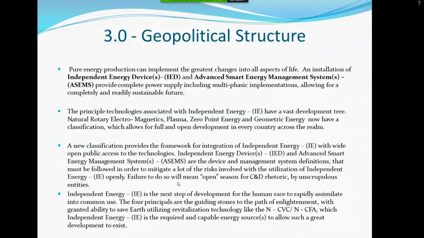This is the important part: failure to do so will mean open season for C and D, which is cloak and dagger rhetoric by unscrupulous entities. So most people would be like, oh, how is this supposed to protect you? Oh, if they're going to get you, they're going to get you anyway. Well, hey, we've gone farther than about 90% of the other companies, and we're still here.